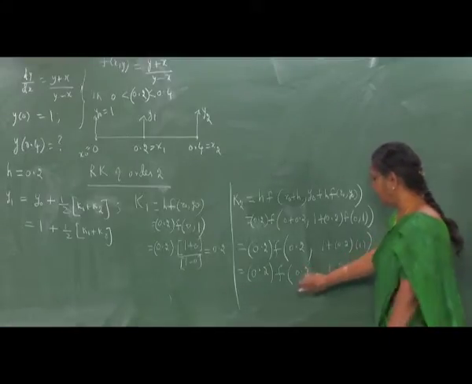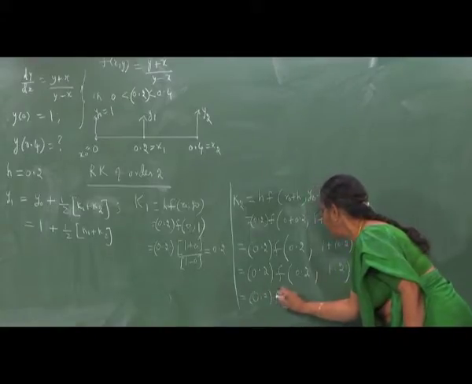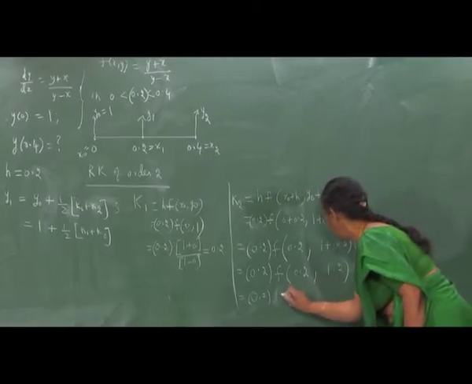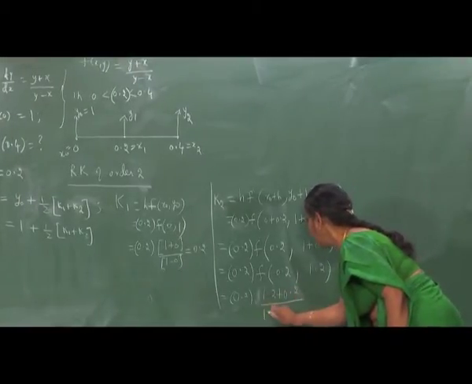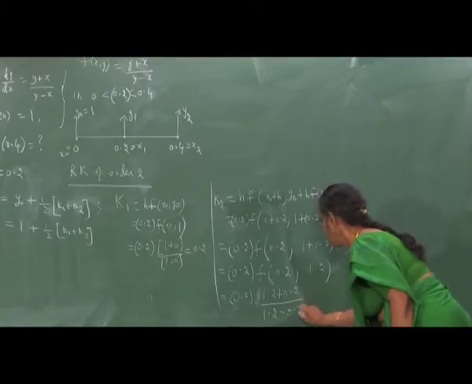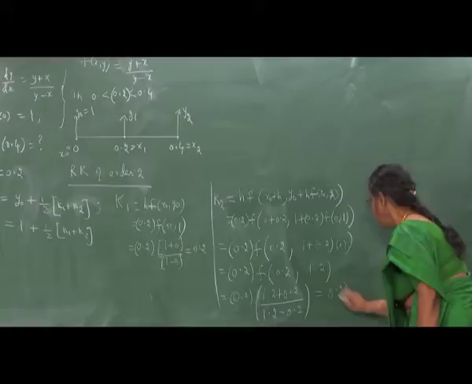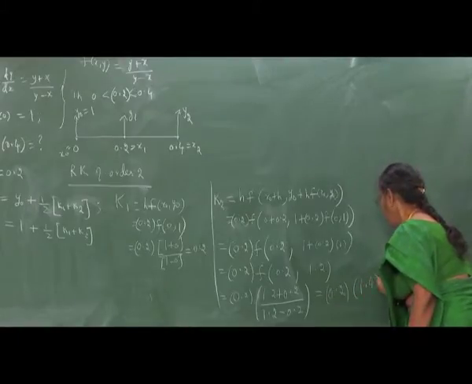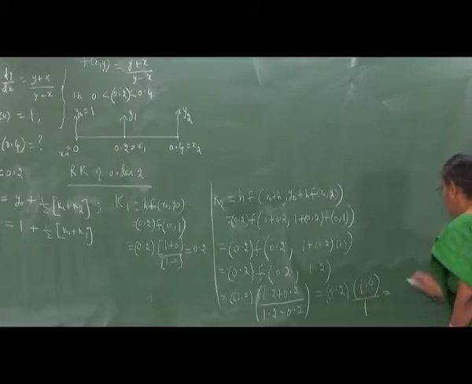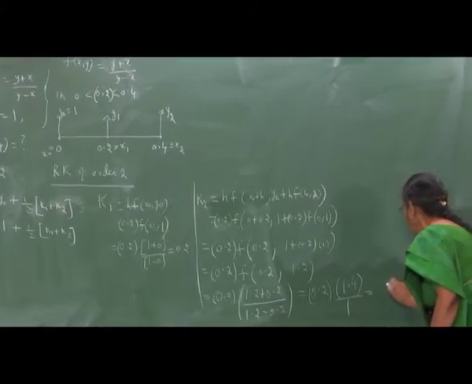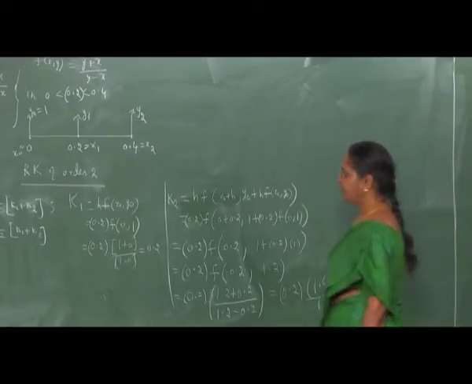So, you need to now evaluate f of 0.2, 1.2, which will be y plus x by y minus x. So, you have 0.2 into f of this will be 1.2 plus 0.2 divided by 1.2 minus 0.2. So, that will give you 0.2 into 1.4 divided by 1, and that is equal to 0.28. So, k2 is 0.28.